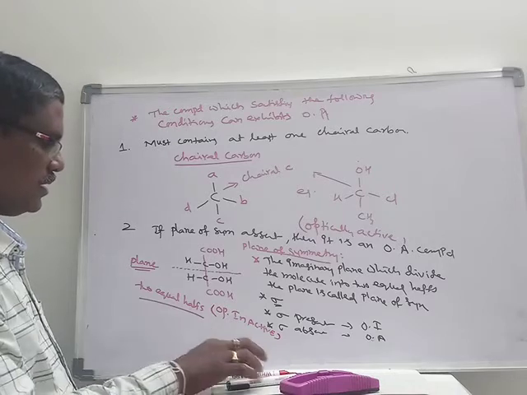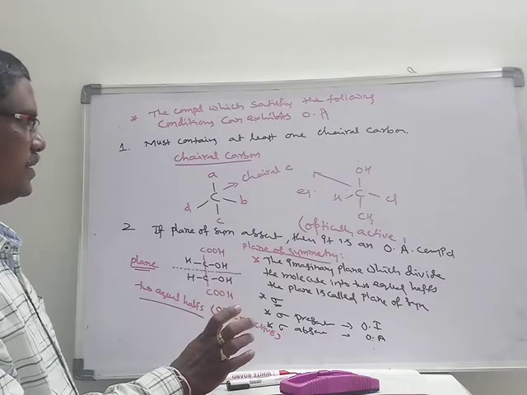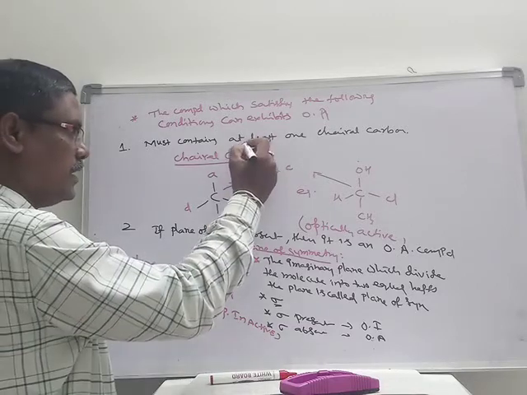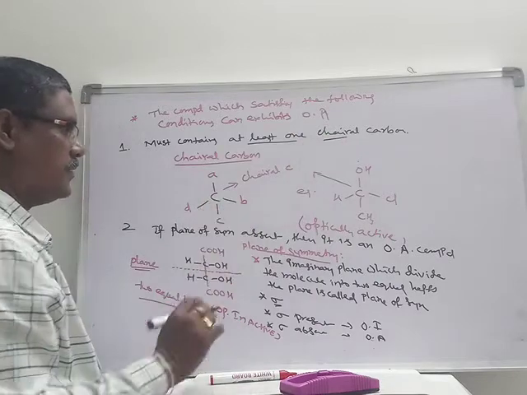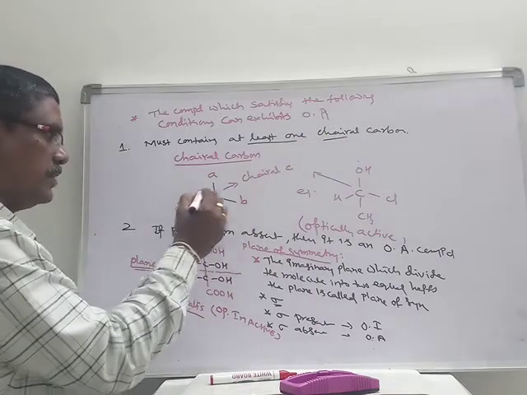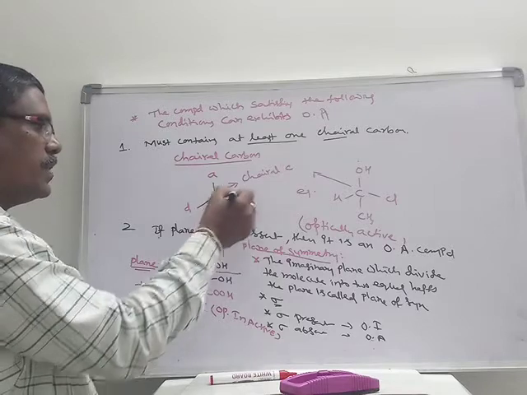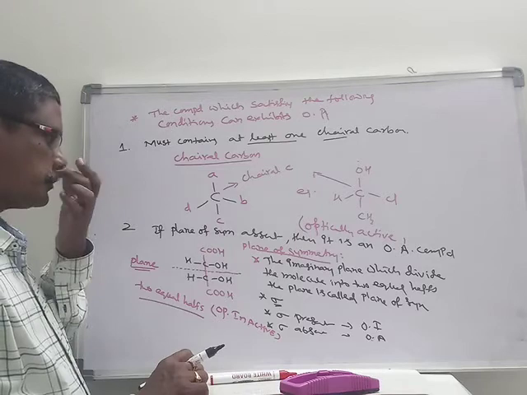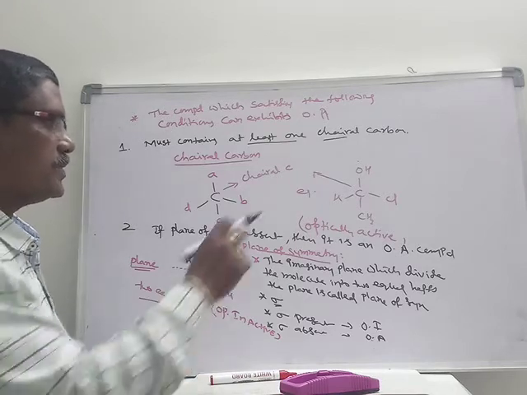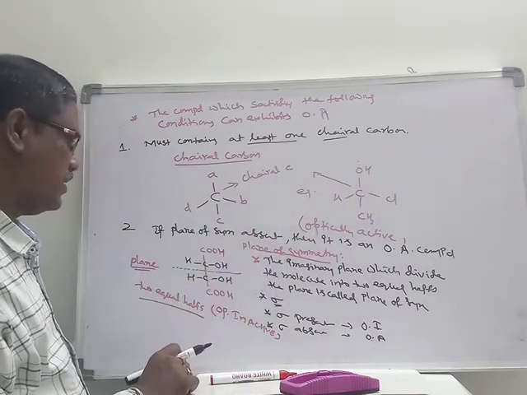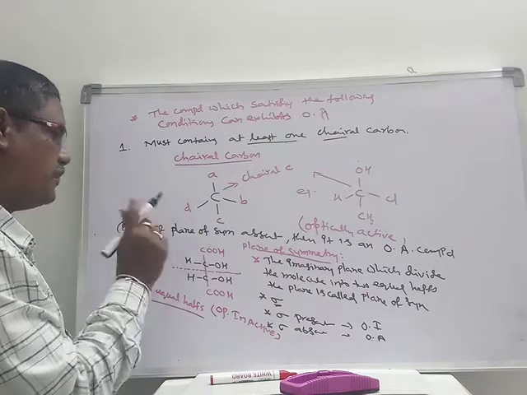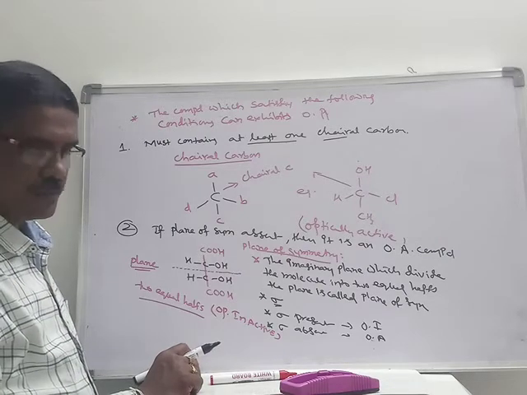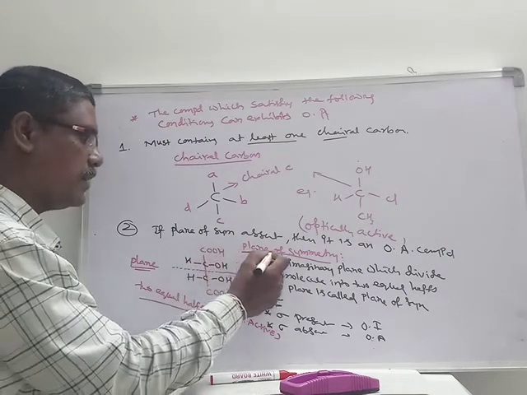I am taking another example. These are the first condition: must contain at least one chiral carbon. What is a chiral carbon? The carbon which contains 4 different groups is called a chiral carbon. Second point is, if plane of symmetry is absent, then it is an optically active compound.